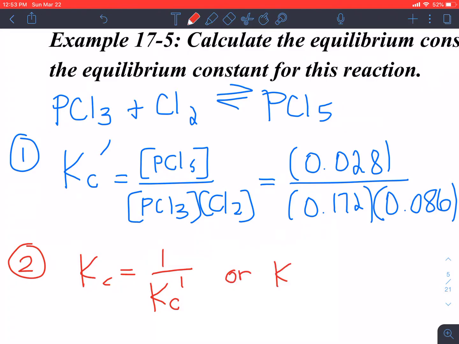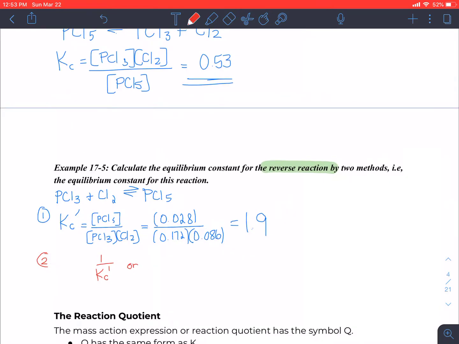We know that the reverse reaction is equal to 1 over our equilibrium expression of the forward reaction. Okay, and so if we know these two relationships, all we have to do is plug this straight into here. 1 over 0.53, that was the equilibrium value that we got from the first one, is numerically equal to 1.9.